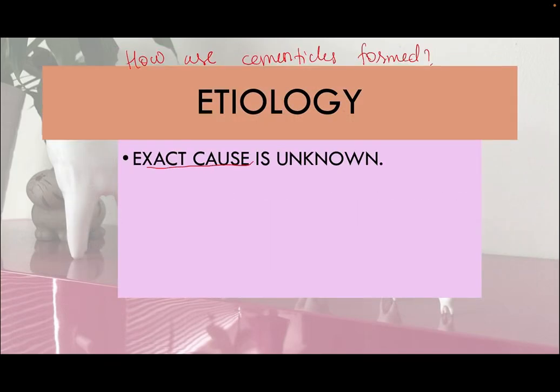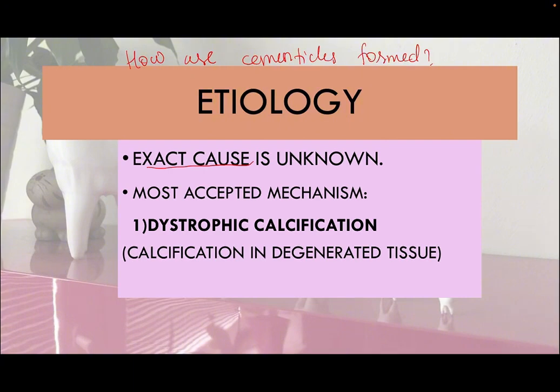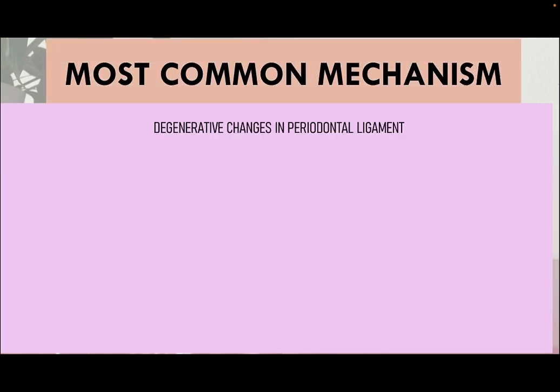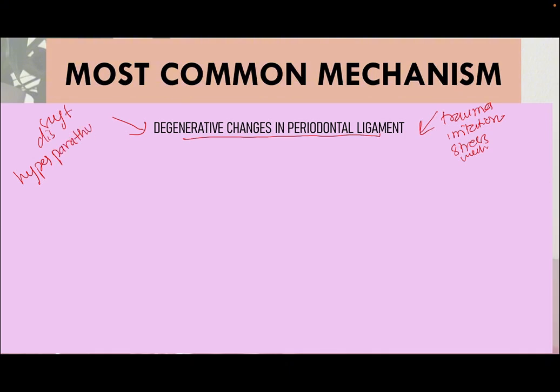The exact cause of their formation is unknown, but the most accepted mechanism is dystrophic calcification, which is calcification in degenerated tissue. The most common mechanism is degenerative changes in the periodontal ligament due to trauma, irritation, mechanical stress, or a systemic disorder like hypoparathyroidism.